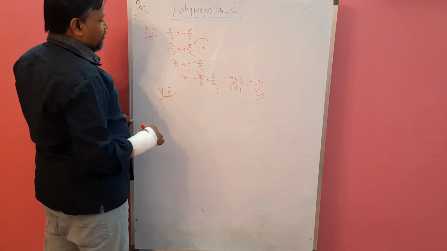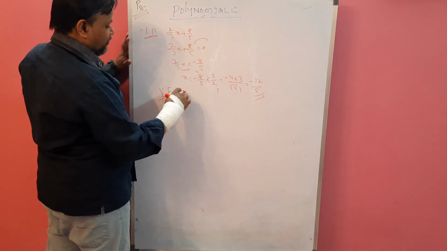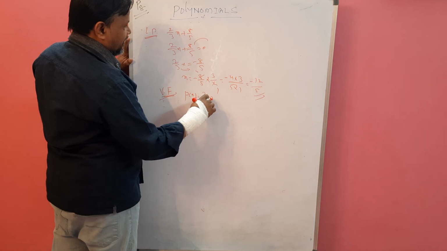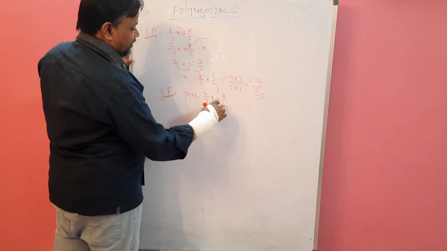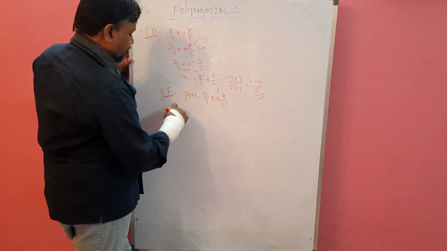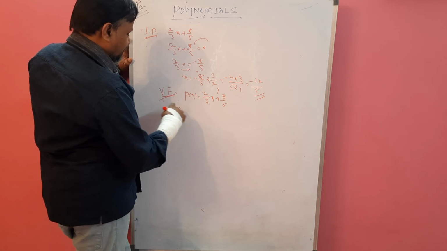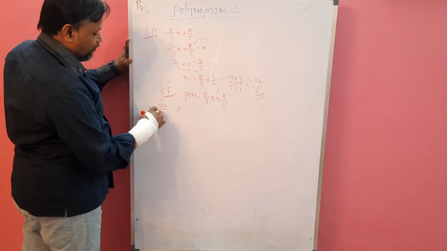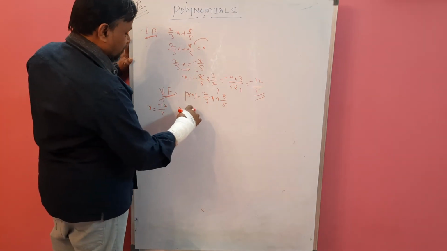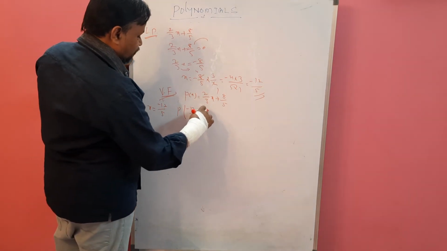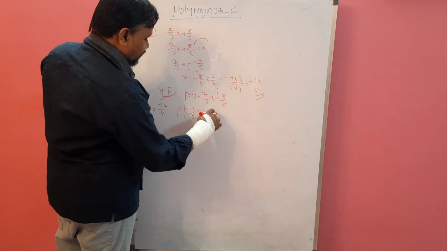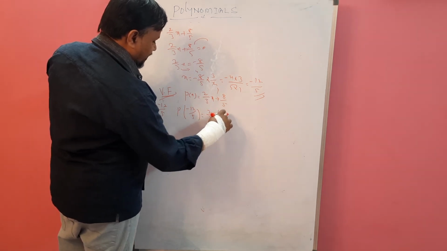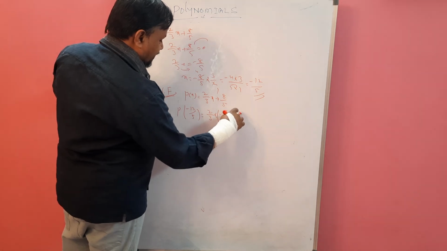Verification: we are checking whether the whole function becomes 0 or not. So this is our function, 2 by 3x plus 8 by 5. Now substitute x as minus 12 by 5. So 2 by 3 into minus 12 by 5 plus 8 by 5.